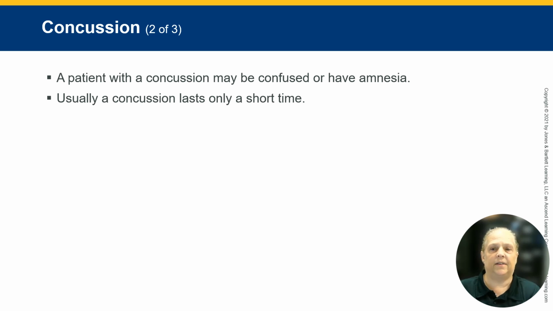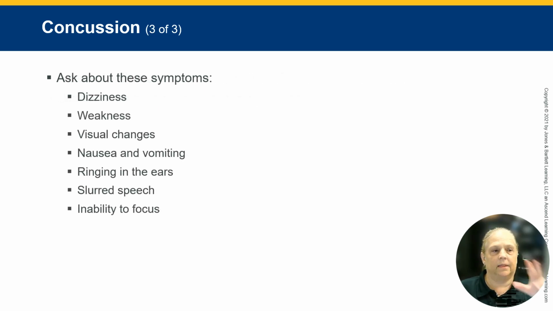They remember everything but the events leading up to the injury, or anterograde amnesia. They don't remember anything after the injury. Okay. So when we're dealing with these patients, we want to ask them, do you have any dizziness, weakness, visual changes, nausea, vomiting, ringing in the ears, slurred speech, inability to focus, changes in their mood, in their personality?